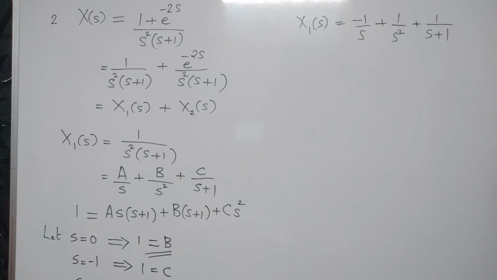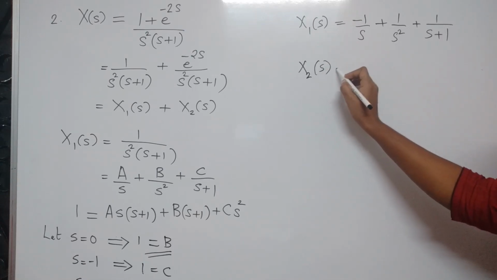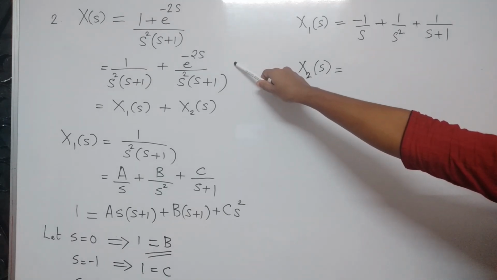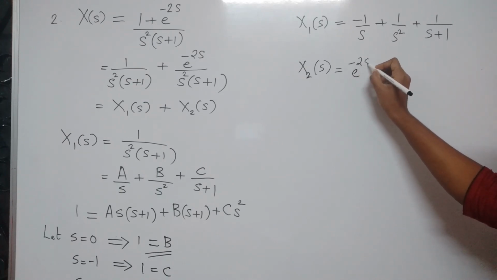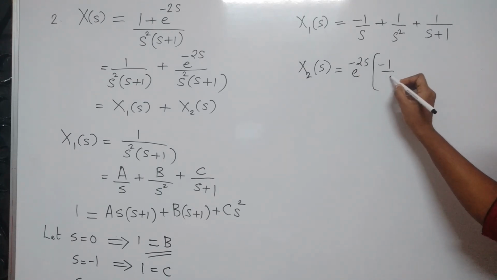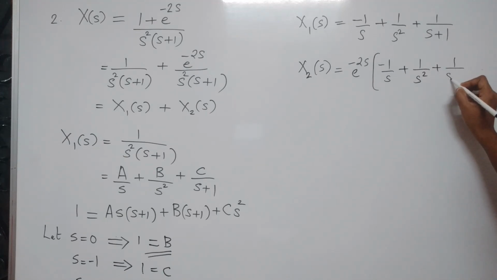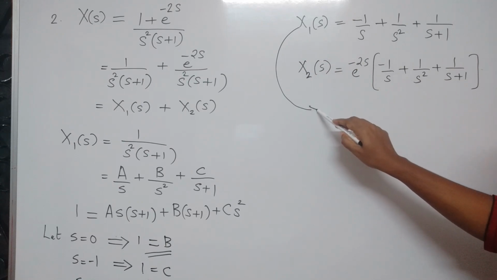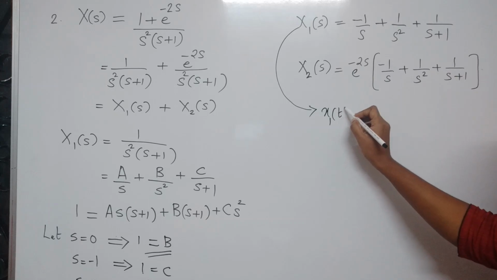Now what is X2 of s? X2 of s has the same denominator, but the numerator is multiplied with e raised to minus 2s. So you can write it as e raised to minus 2s into all these terms. Now if this is X1 of s, what will be its inverse X1 of t?